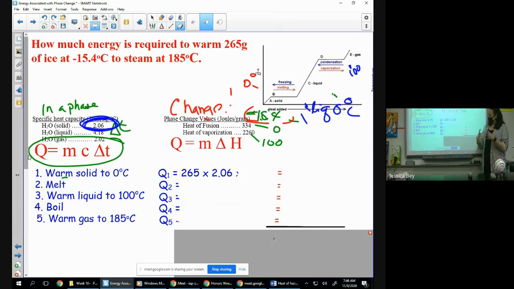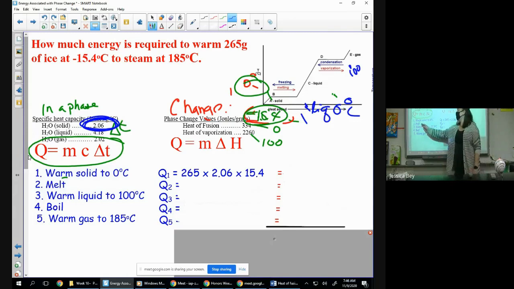Here's one of the harder tricks on this. If I'm at negative 15.4 and I want to get to 0, how many degrees do I have to go? 15.4. Awesome.